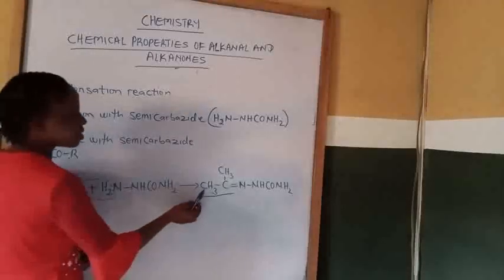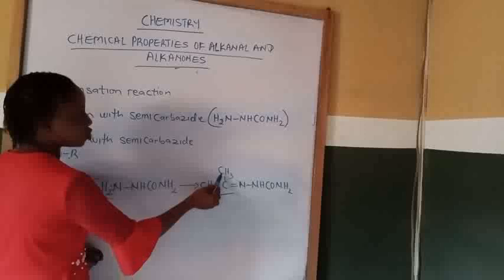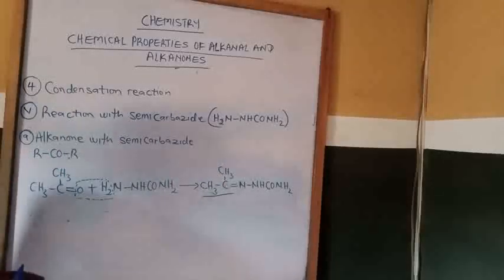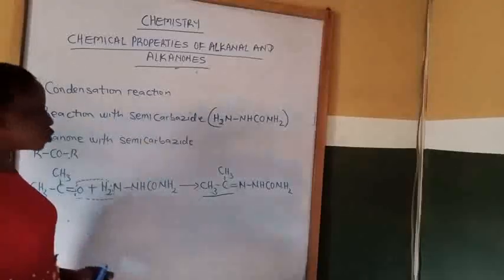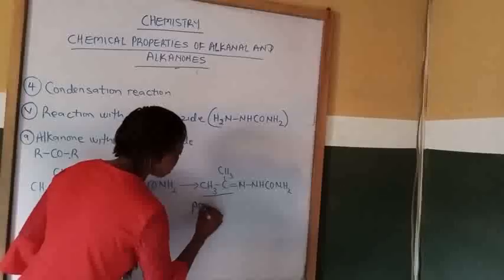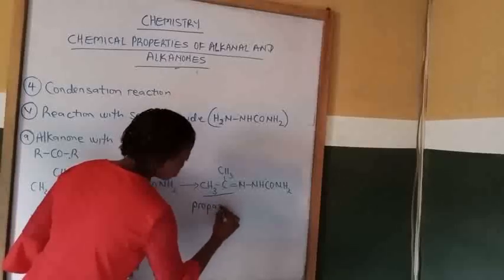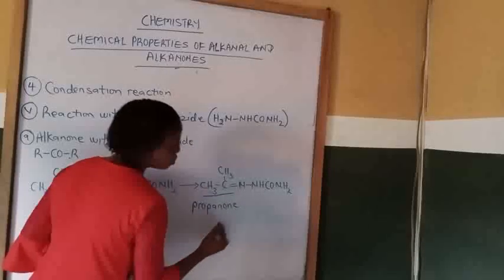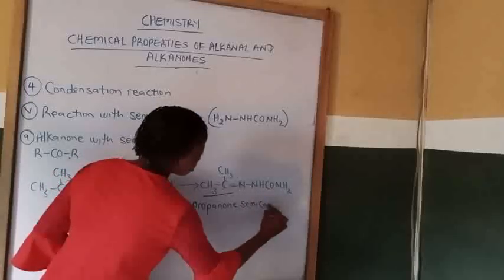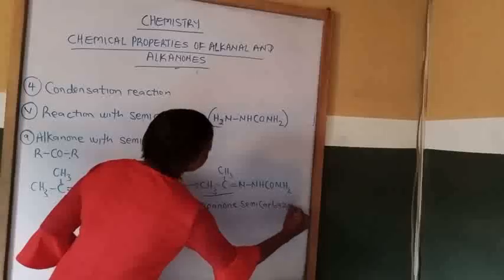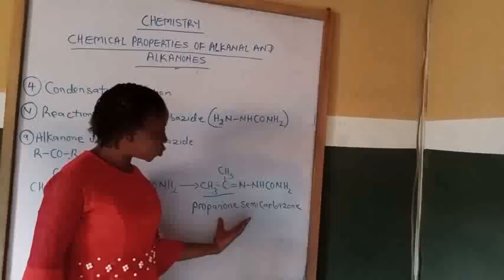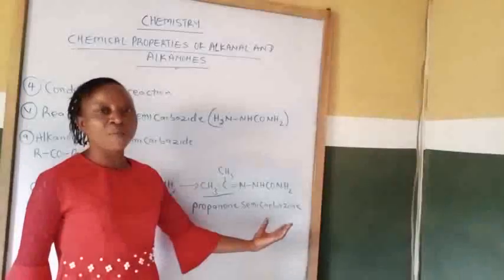Then let's count an alkanone with 3 carbon atoms, because we have 3 carbon atoms: 1, 2, 3. An alkanone with 3 carbon atoms is called propanone. So therefore, the name of this product will be propanone semicarbazone. So our product formed is propanone semicarbazone.